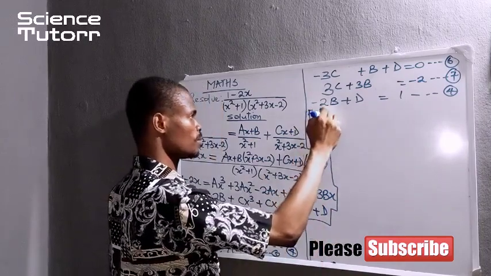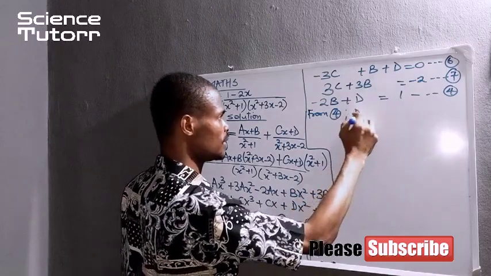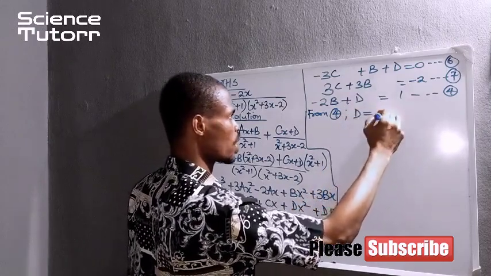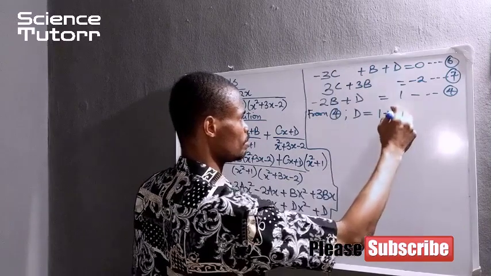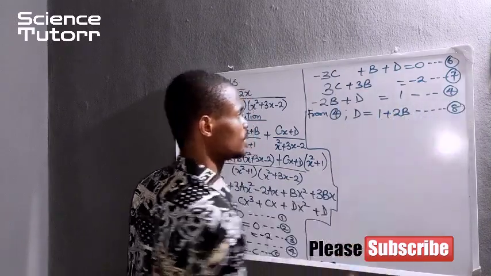So from equation 4, I could say D is equal to 1 plus 2B. This makes equation 8.